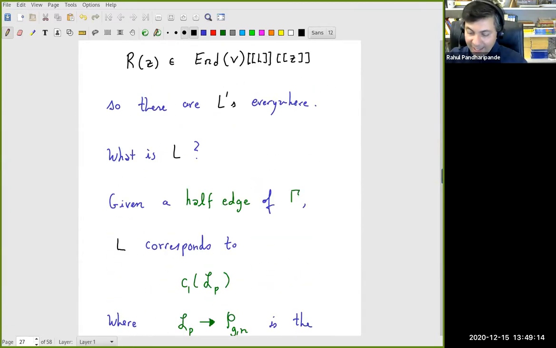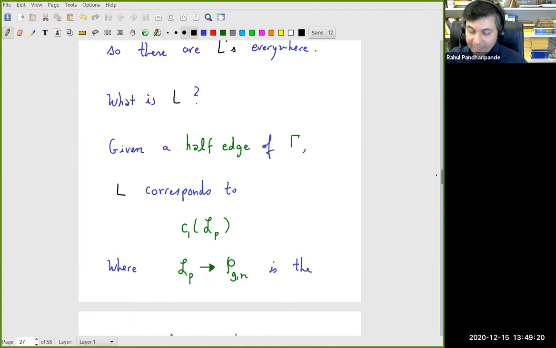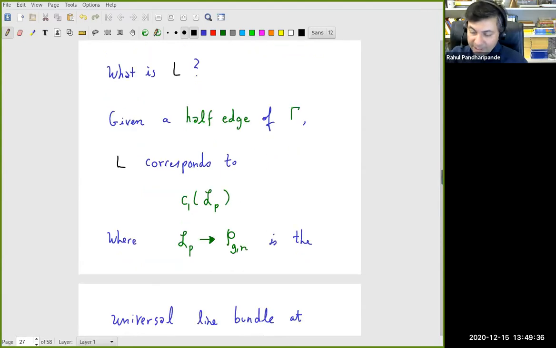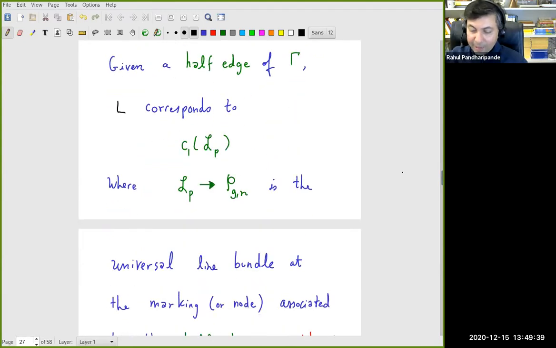And so what is L? So given a half edge of gamma, L corresponds to the one thing that's new here, which is that there's a universal line bundle over the Picard stack, and a half edge corresponds to some marking. And so that's some P. And I can take the first Chern class of that line bundle, which corresponds to the universal line bundle with respect to that point. That's the new person in the Picard stack, and that's what that L is.